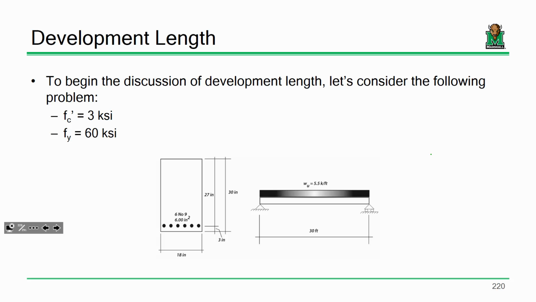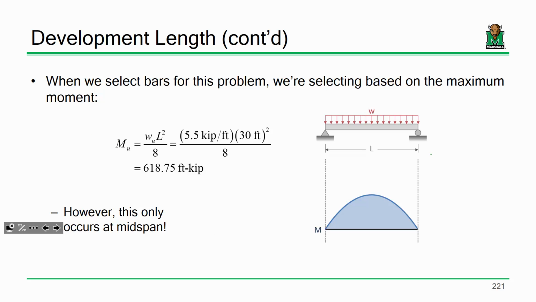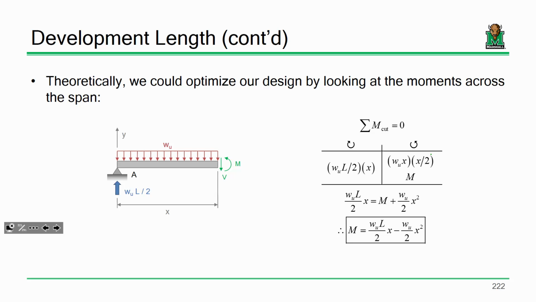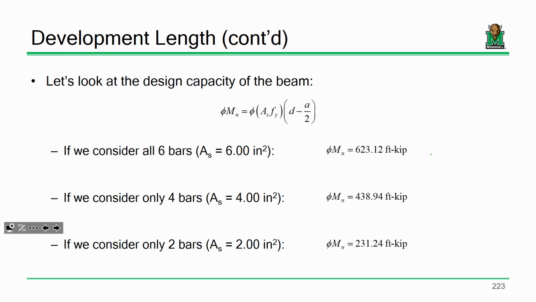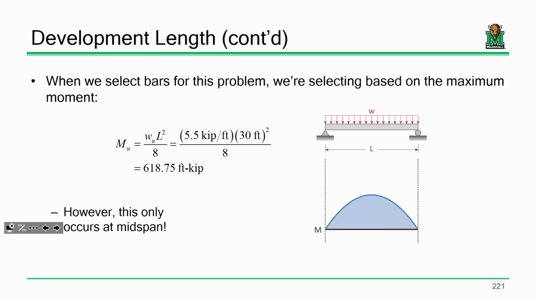So we had a beam like this, and here's the reinforcement. We said that beam has a maximum moment of about 618.75 foot kips, and then we put 6 number 9s in it. That'll give us a capacity of 623. And that's great, but we don't need that reinforcement everywhere because right here we've got very, very low moments.